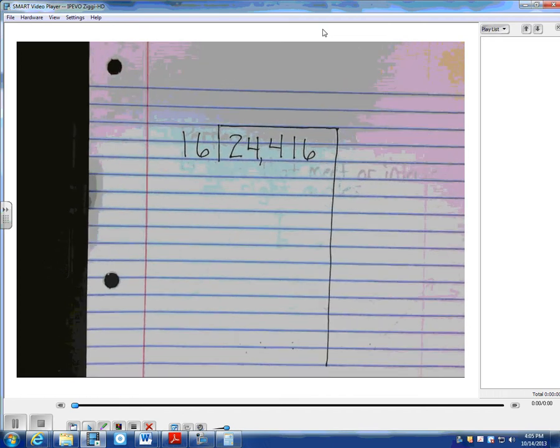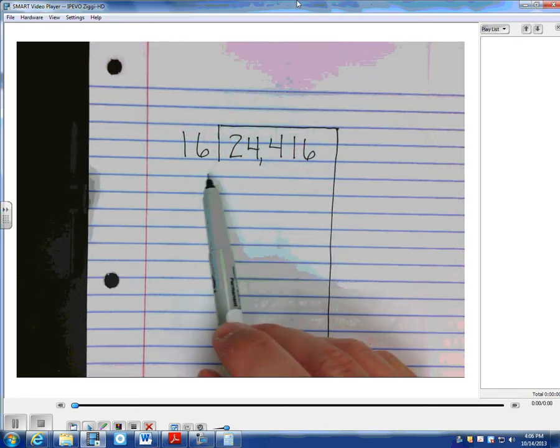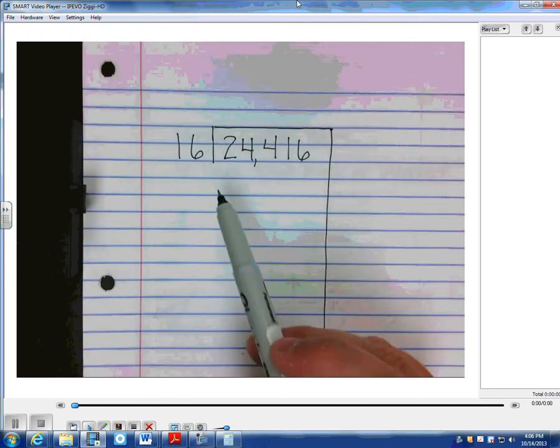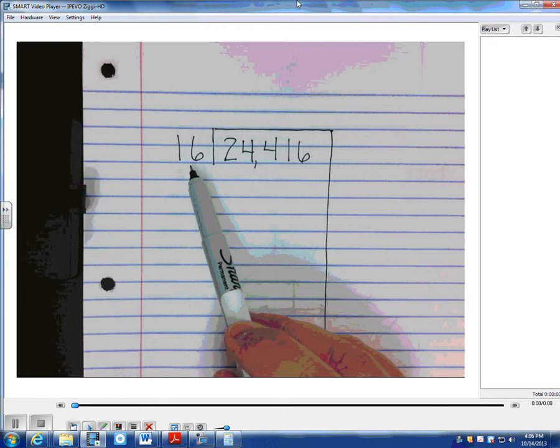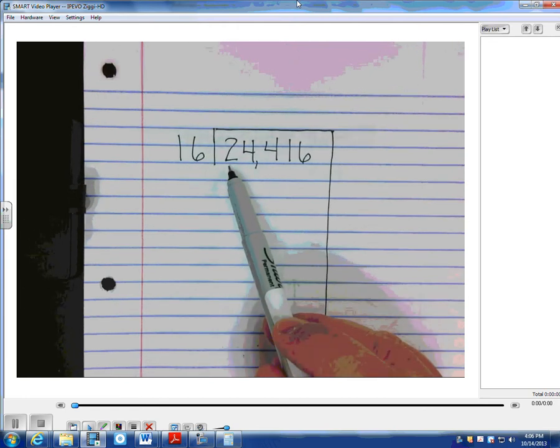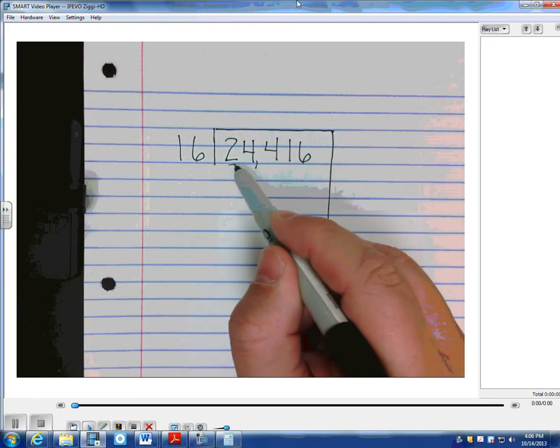I will get you started with the problem, but then you're going to have to finish it. So I set this up like the partial quotient method that we've been doing in class. The first thing I ask myself is, can 16 go into 2? I know it cannot. 2 is smaller. So can 16 go into 24?